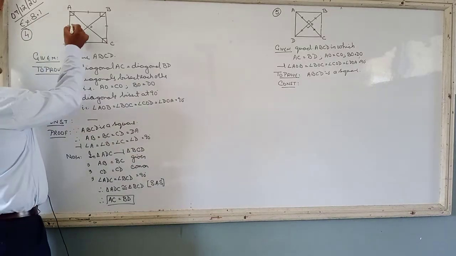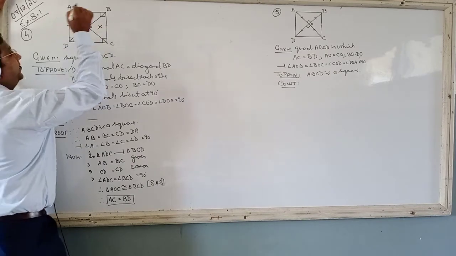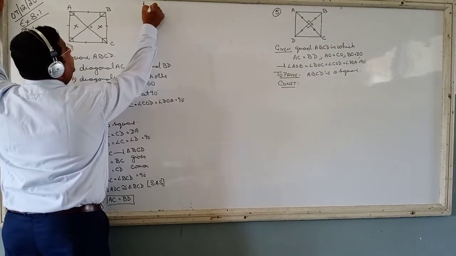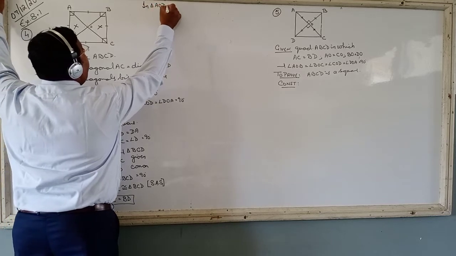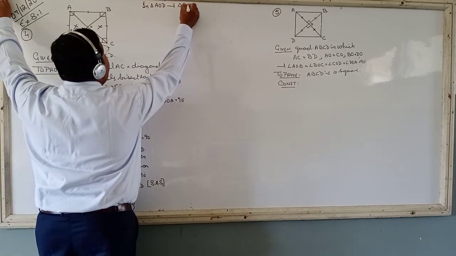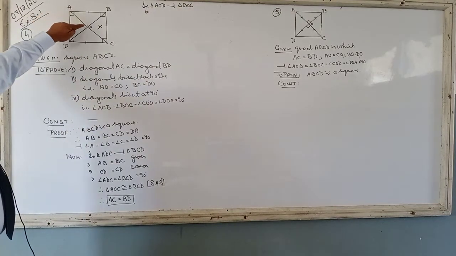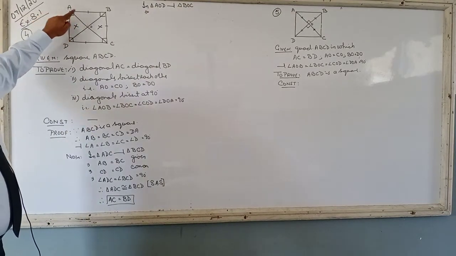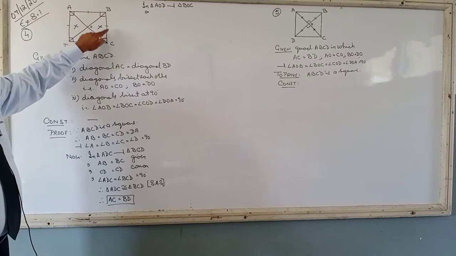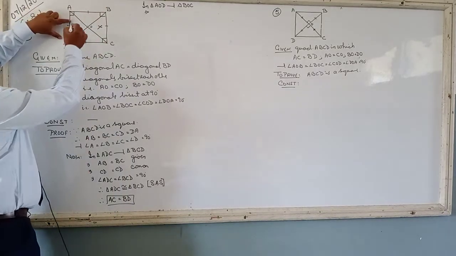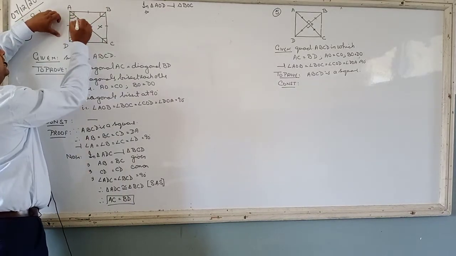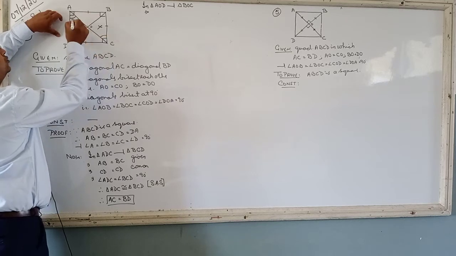Check this triangle and this triangle. In triangle AOD and triangle BOC, just observe. This angle and this angle, are the two angles equal?